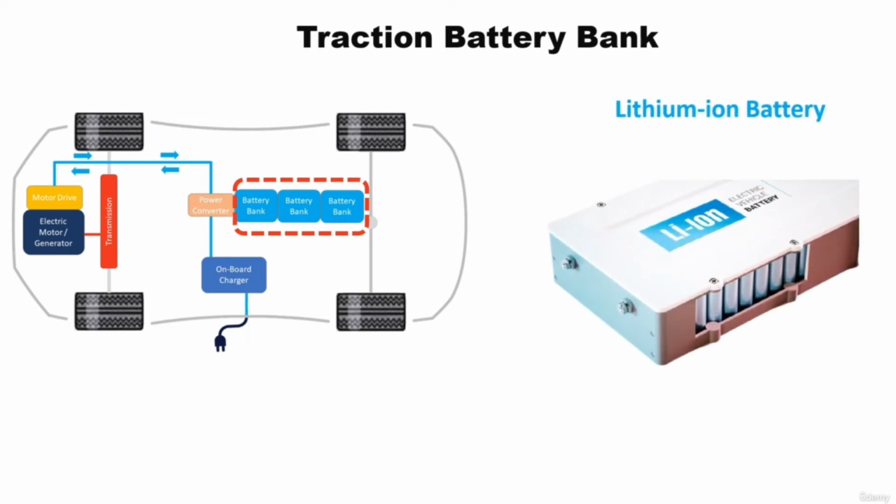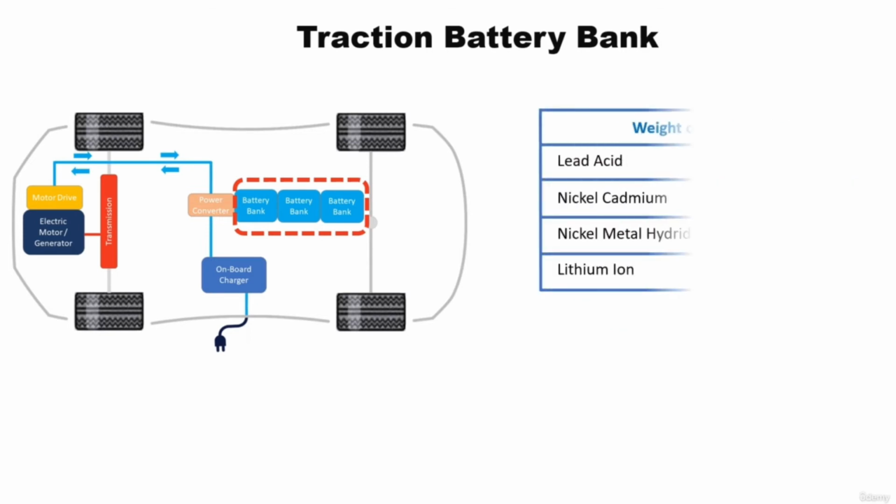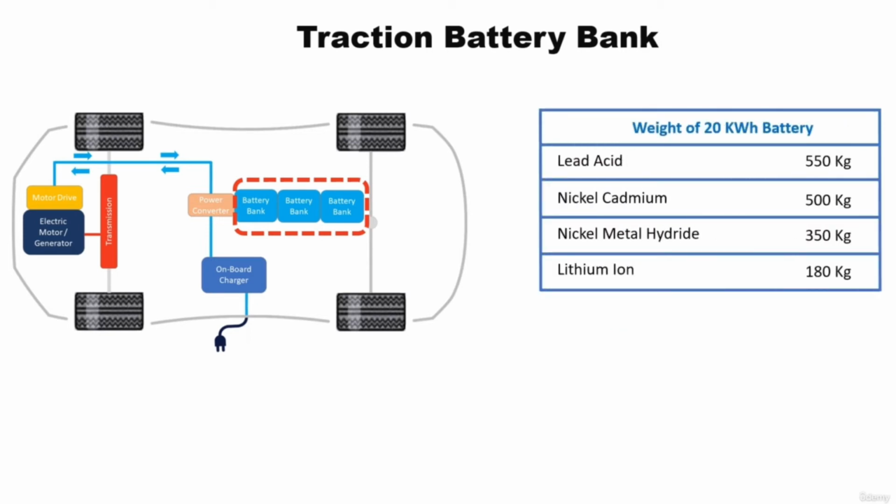Finally, and the most popular, are lithium-based batteries. Lithium batteries are classified by the type of active material into lithium-ion liquid electrolyte and lithium-ion polymer electrolyte batteries. The lithium-ion type is generally preferred for EV applications, mainly driven by its high energy density. The table shows how a 20 kilowatt-hour lithium battery has much lower weight than its competitors.